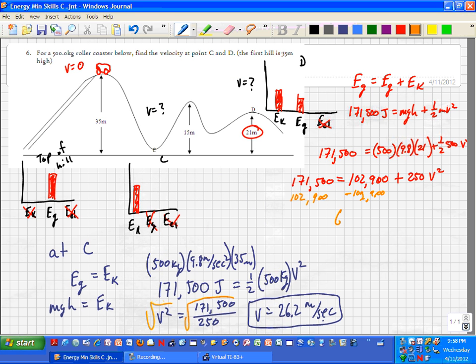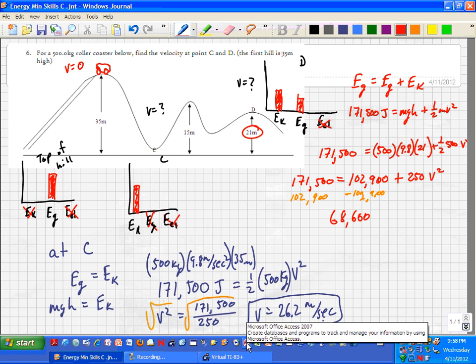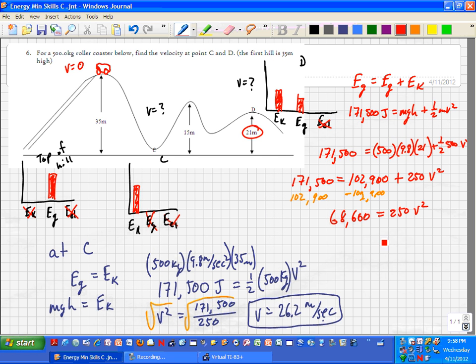So 68,600 is going to be equal to 250 v squared.